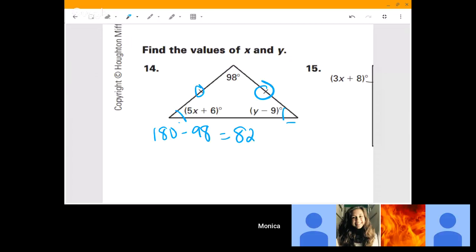And since you know these two angles are congruent, then 82 divided by 2 is going to give you what those two angles equal, right? And then do you see where to go from there? Okay, good. You're welcome.